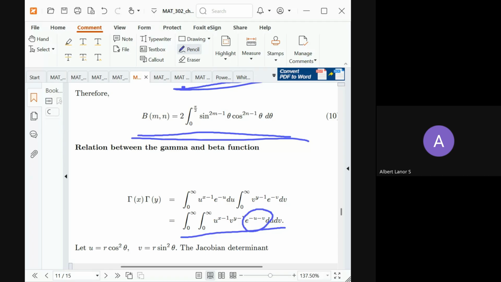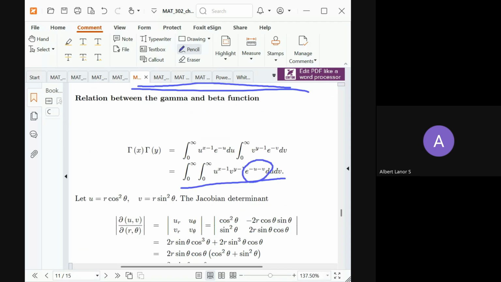Now, we are going to transform everything to polar and integrate. So we'll set u to be equal to r cos squared theta, and you set v to be equal to r sine squared theta. Then you find the Jacobian determinant.